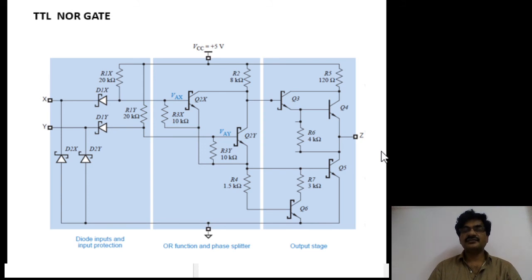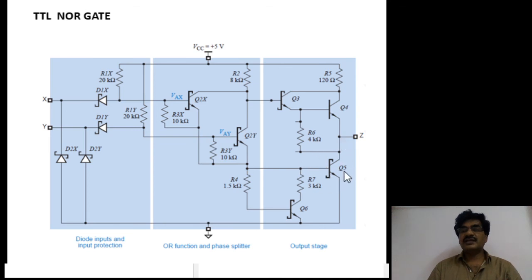So for 0 0 input, the output is logic 1. Suppose both the inputs are high, which means both the diodes are reverse biased. Hence the bases of Q2X and Q2Y are at almost 5 volts. Therefore both these transistors are in the on state. Hence Q5 is on.